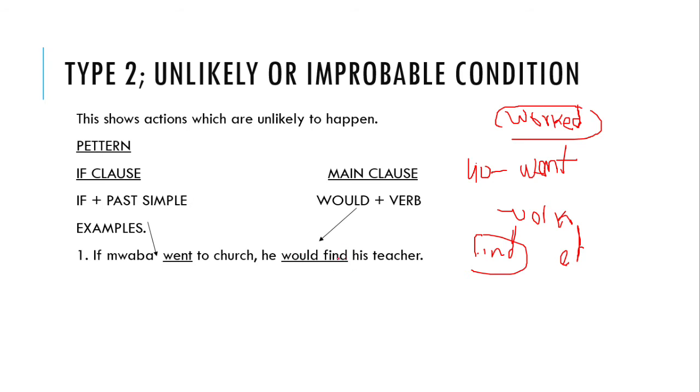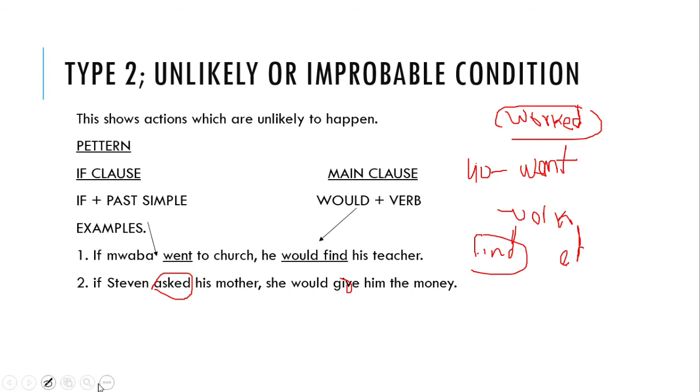Done. If Stephen asked his mother, she would give him the money. The ask has changed to what? Asked, because we are dealing with the past simple. So if Stephen asked his mother, there is would plus verb. So she would give him the money.